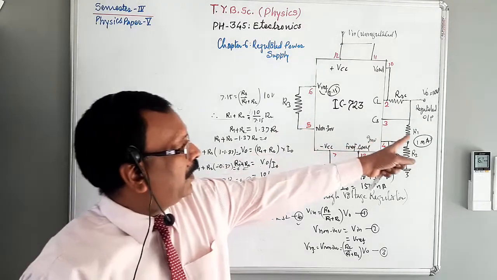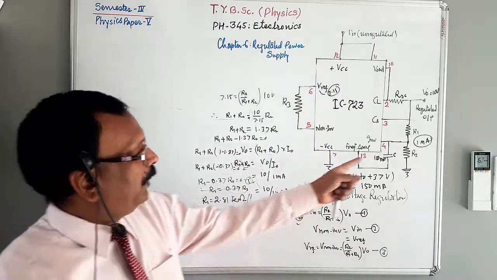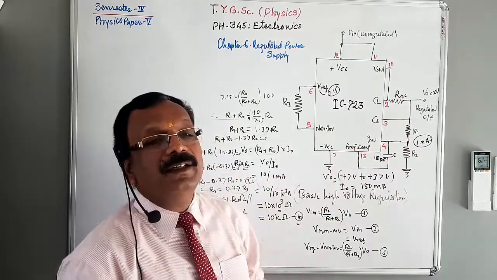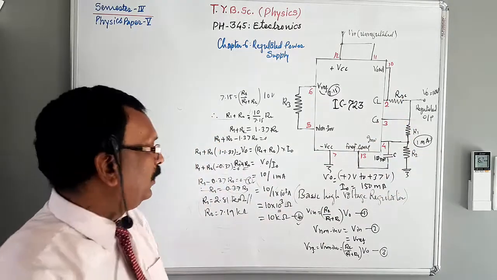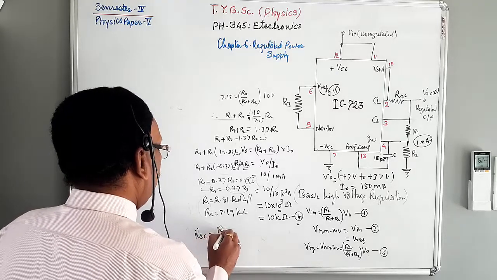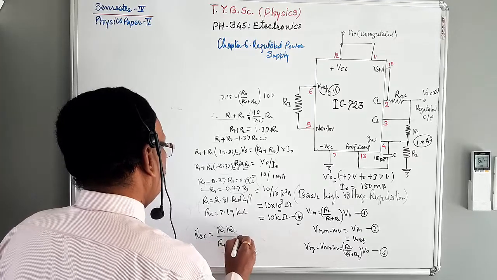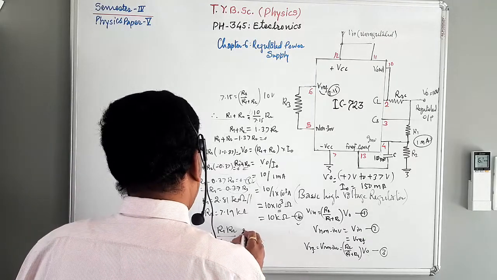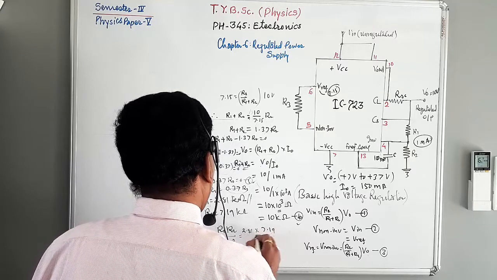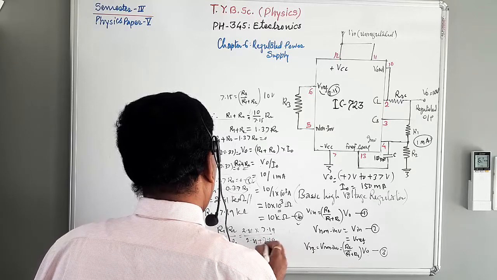We select the values of R1 and R2 so that the circuit can work properly. Now, having the values of R1 and R2, from these we can calculate the current sensing resistor. We know that RSC is equal to R1 R2 upon R1 plus R2. So R1 is 2.81 into R2 7.19 upon 2.81 plus 7.19.